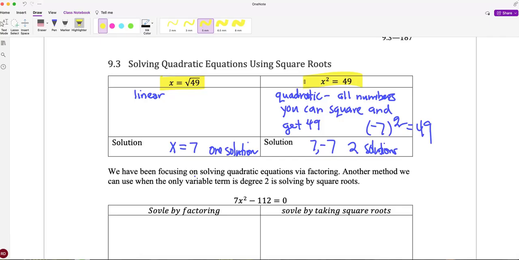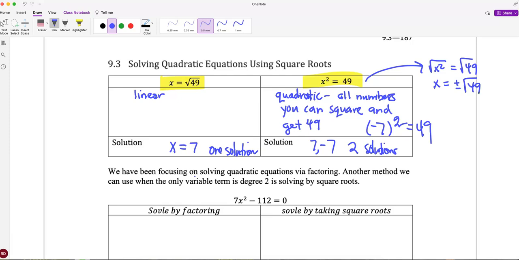The way we typically solve this equation is when we have x squared equals 49, then we take the square root of both sides. The square root of x squared, and I'm going to get plus or minus the square root of 49.